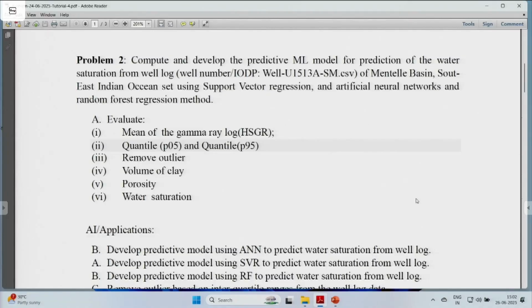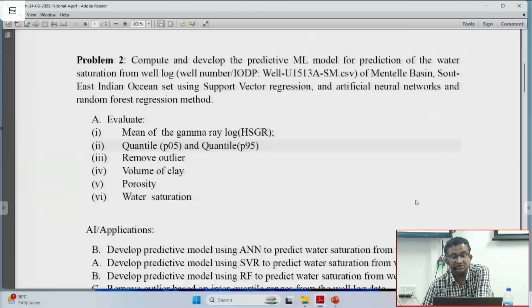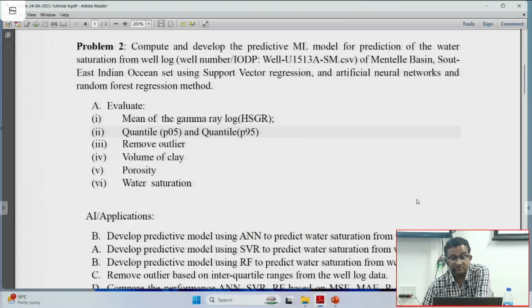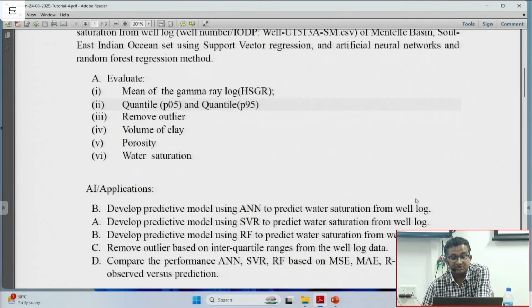Then develop the predicted models from log data to water saturations, and see the predictive capability of models like ENN, SBR, random forest.